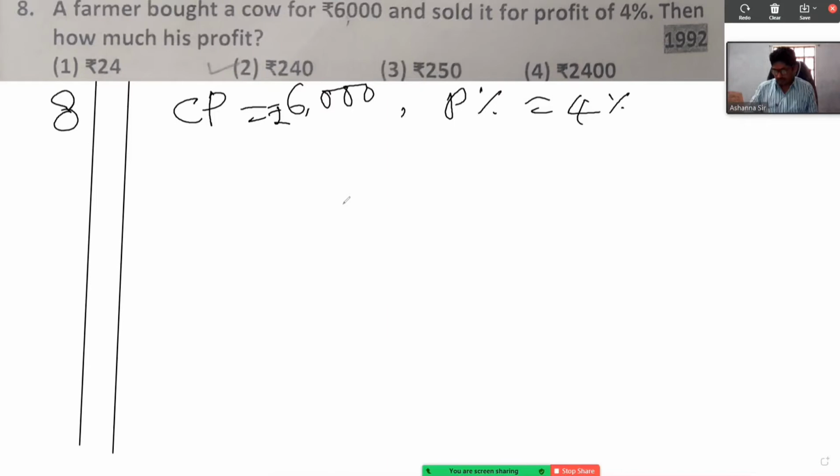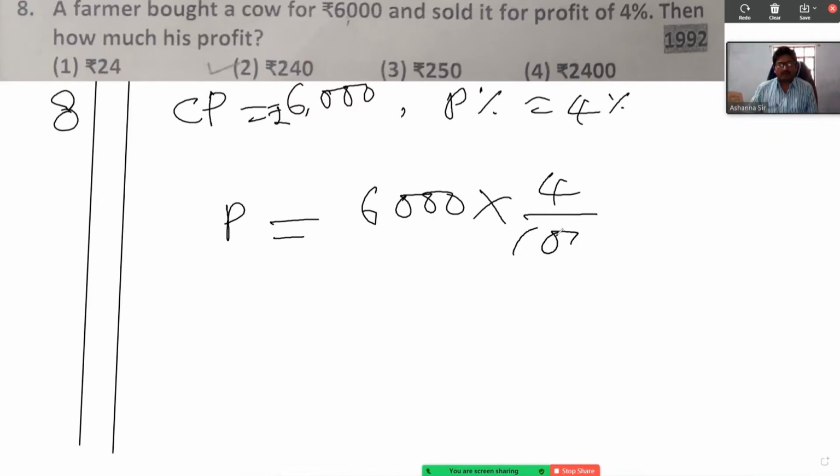Profit is equal to 6,000 into 4 by 100. Two zeros cancel. 6 fours are 24. Keep this 0. 240 rupees. This is the profit.